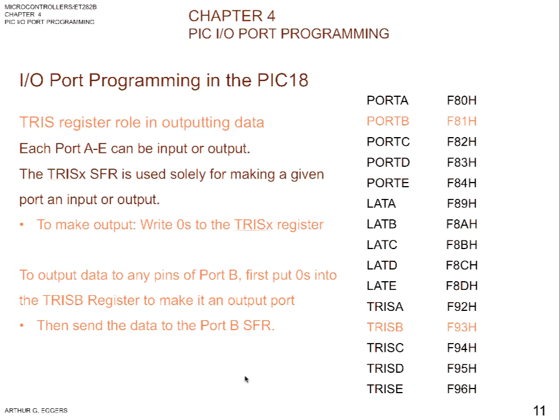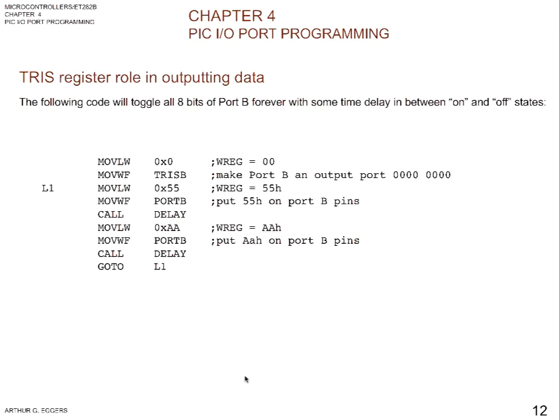If you don't set it up and don't do it correctly, it's going to do exactly what you don't want. So if we take a look at the following code, it's a good idea as you go through these, whenever you see code, to open up MPLab and enter the code in and see if it actually does what your textbook says it's going to do.